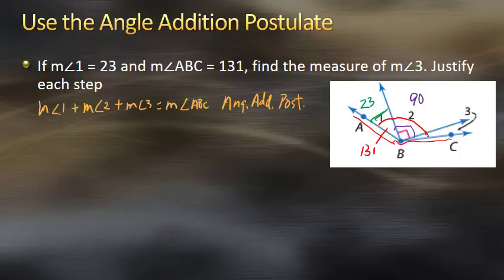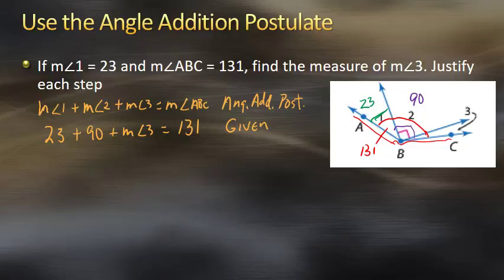Now, the measure of angle 1 is 23. And the measure of angle 2 is 90. Plus the measure of angle 3, that's what we're solving for, equals the measure of angle ABC, which is 131, and this was all actually given to us.